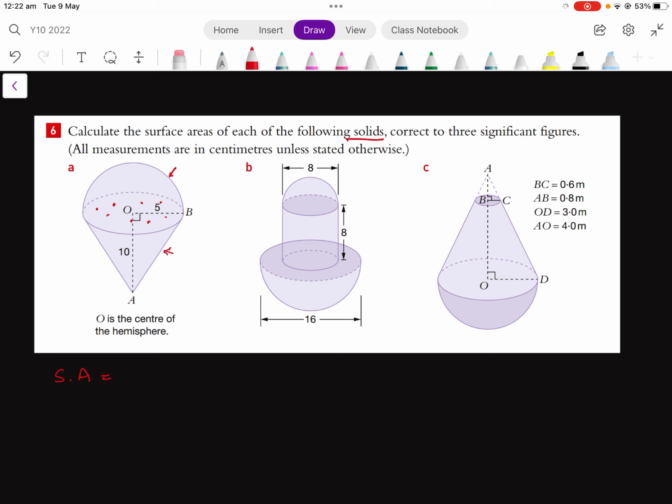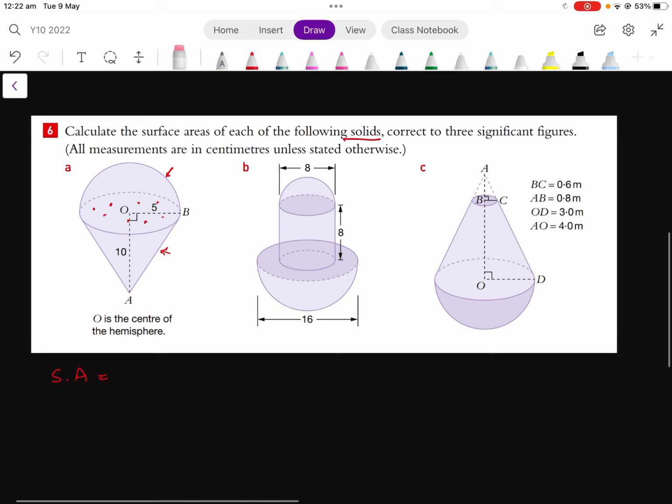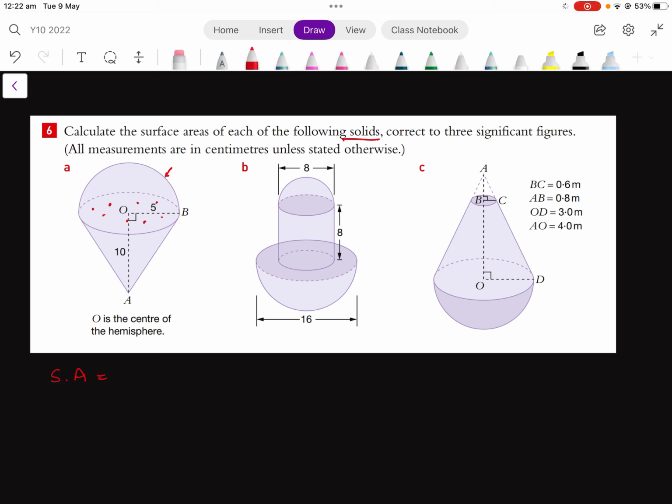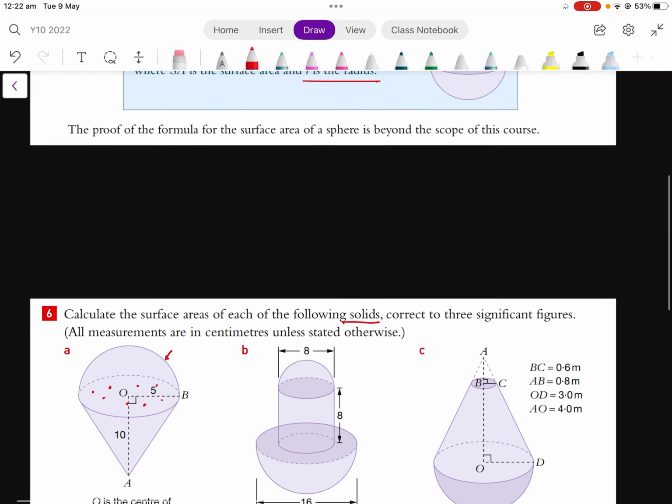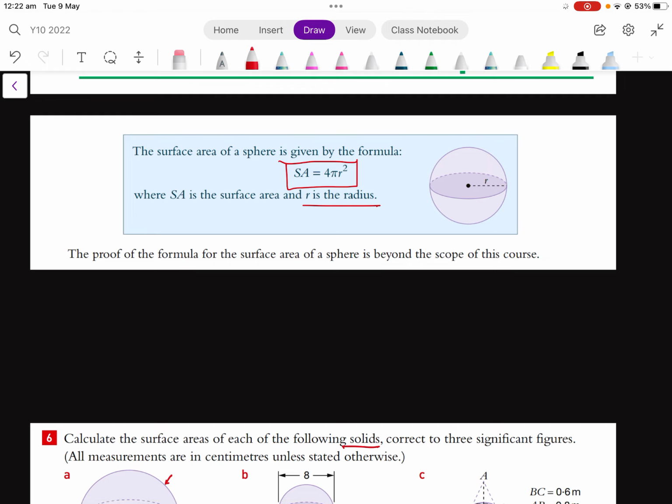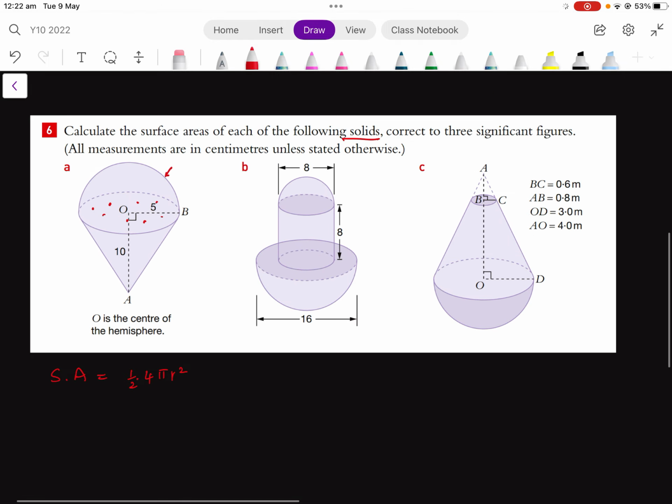So we notice that there's a cone here, and we have a hemisphere, rather half of the sphere. So the surface area of the sphere will be half of 4 pi r square. That's the formula, 4 pi r square. And this is half times 4 pi r square, because this is a hemisphere, plus the curved surface area.